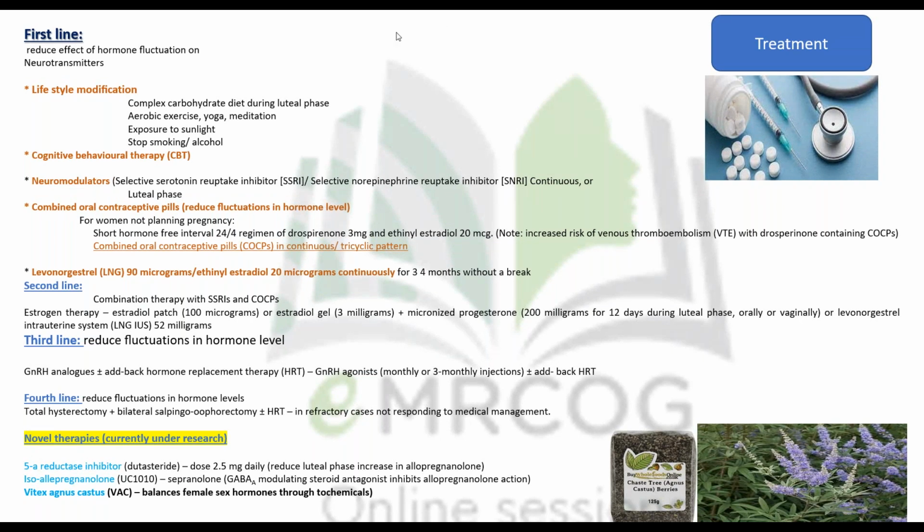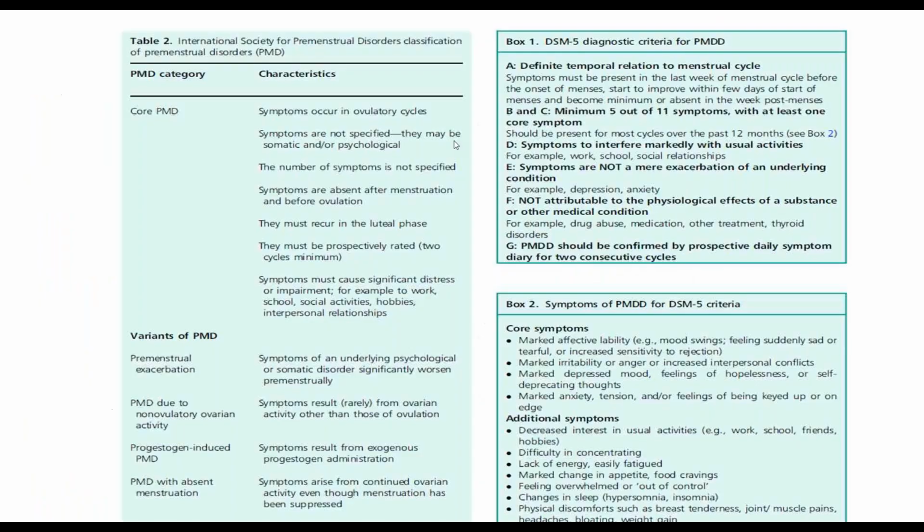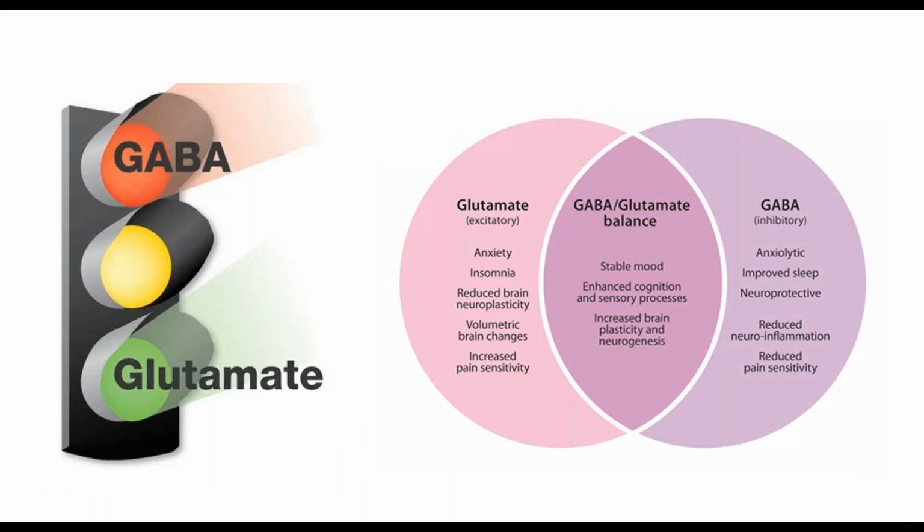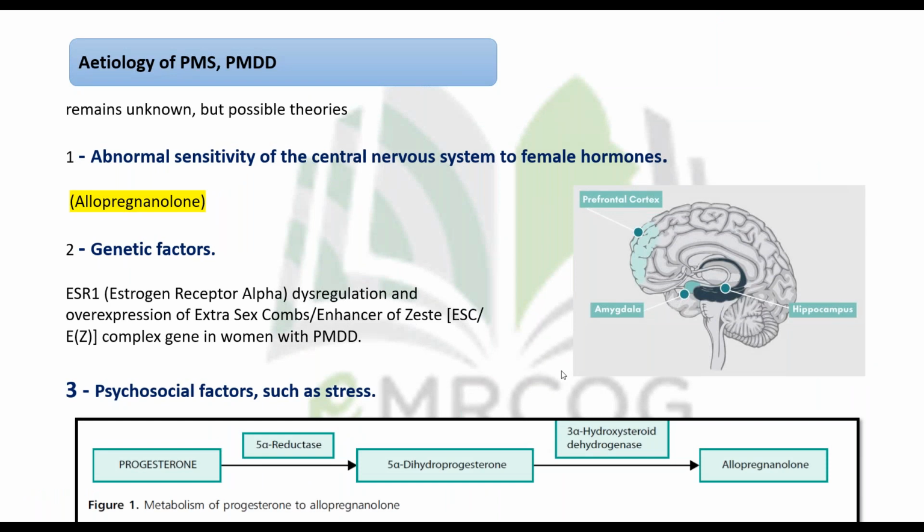So, do you remember? One second, I'll go back in the presentation. Yes, here is enough. Do you remember, guys, in the metabolism of progesterone to allopregnanolone, what was the first step? The first step was by the enzyme 5-alpha reductase.